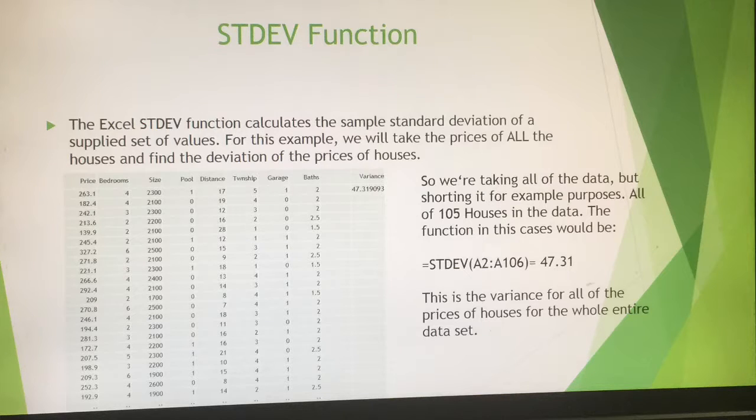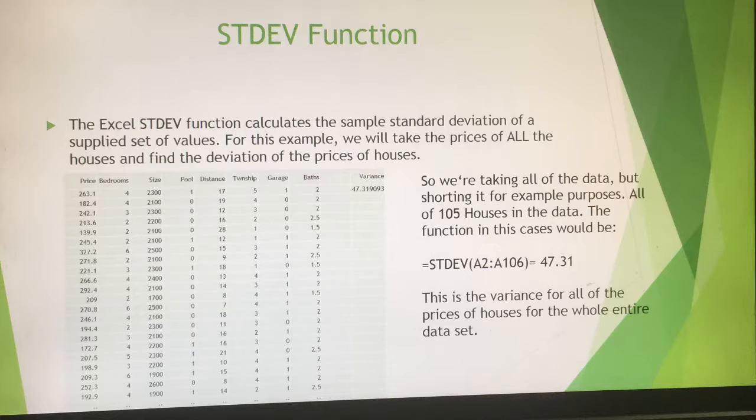The next thing we're going to be looking at is the STDEV function. This function calculates a simple standard deviation of a supplied set of values. For this example, we're going to take all of the houses and find the deviation of the prices of houses. We did a survey over about 100 houses, but in this case, we're going to shorten the data for example purposes. So we're going to take the standard deviation and open our parentheses.